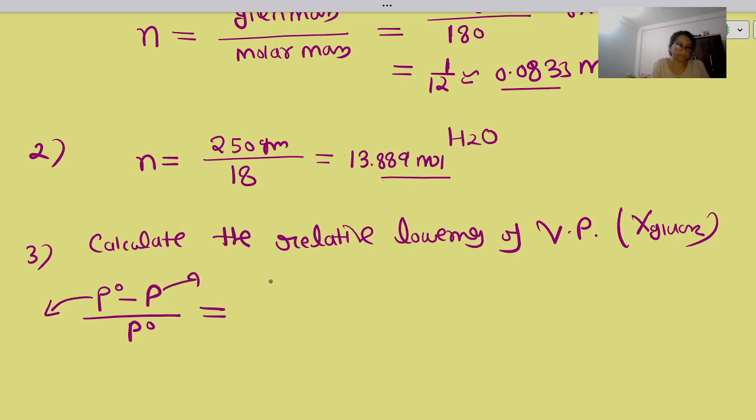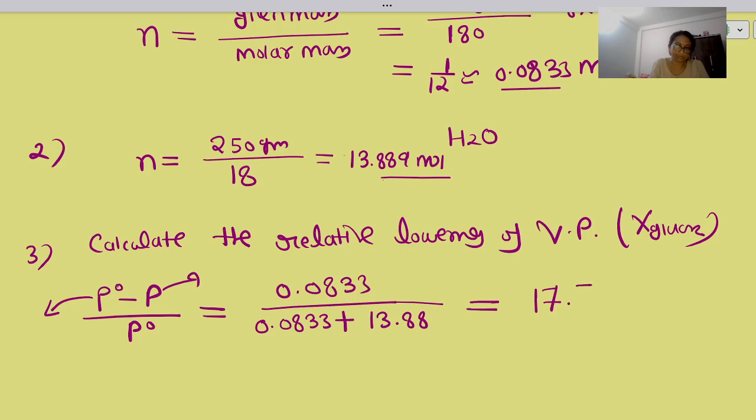The mole fraction of the solute is 0.0833 divided by the total number of moles of solute and solvent, that is 0.0833 plus the moles of solvent, 13.889. After solving, you will get the value.